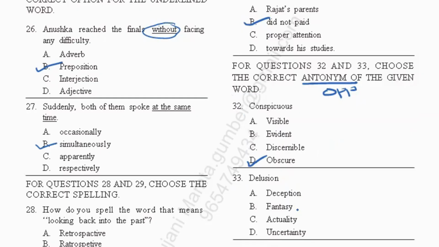Fantasy means a thing or situation that you imagine, which is not true, so that can't be your answer either. Actuality means the state of reality. So yes, this could be your answer. Delusion, a false belief, and actuality, the reality. So here option C is your correct answer.